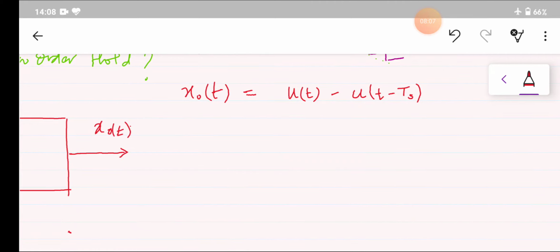Now take the Laplace transform of this output, so it will be x naught s.